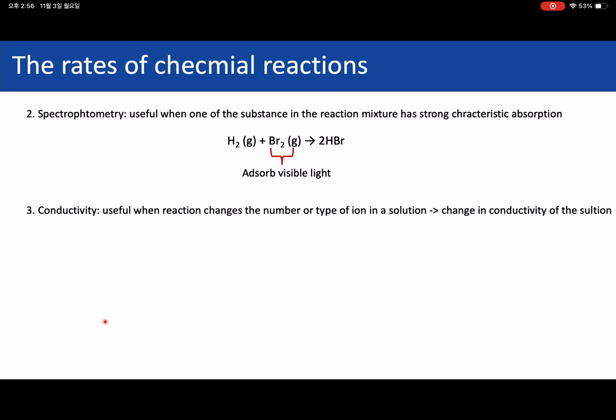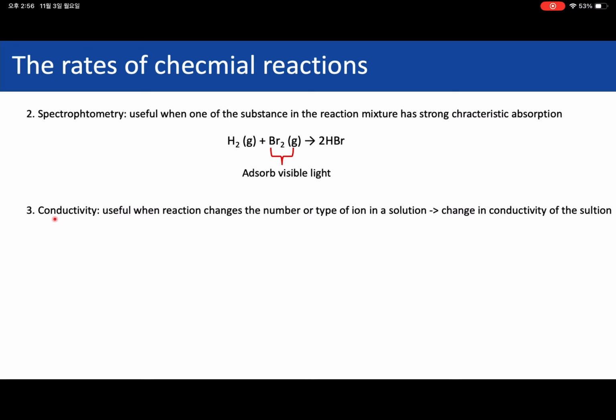Another method is tracing the conductivity of the system. This method is useful when the reaction changes the number or type of ions in the solution. We all know that an ion is a charged molecule, so it contributes to the conductivity of the solution.